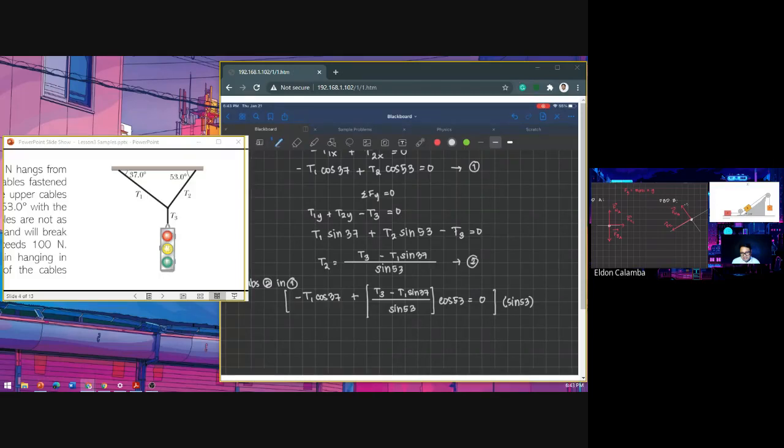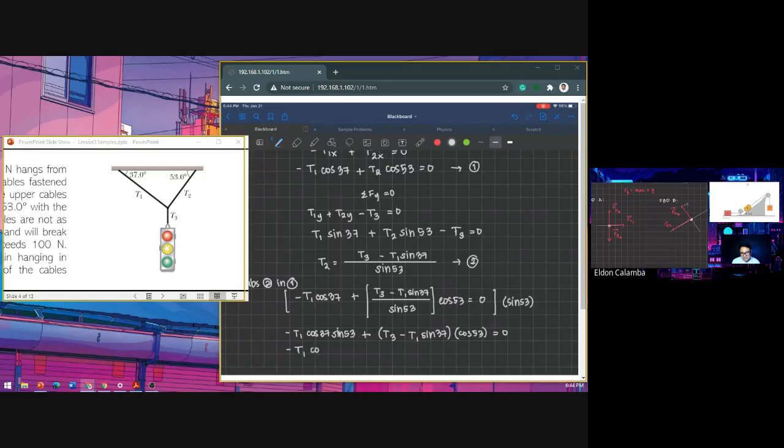So, this is negative T1 cos 37 sin 53 plus, mag-cancel out na si sin 53. This will become T3 minus T1 sin 37 times cos 53 equal to 0. I want to distribute cos 53 sa loob ng T3 at saka negative T1 sin 37.